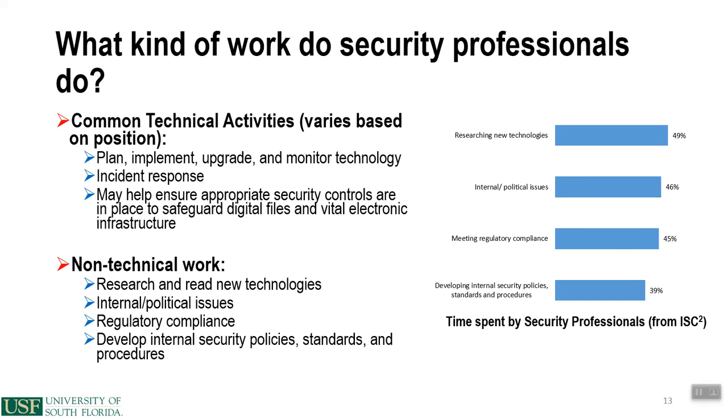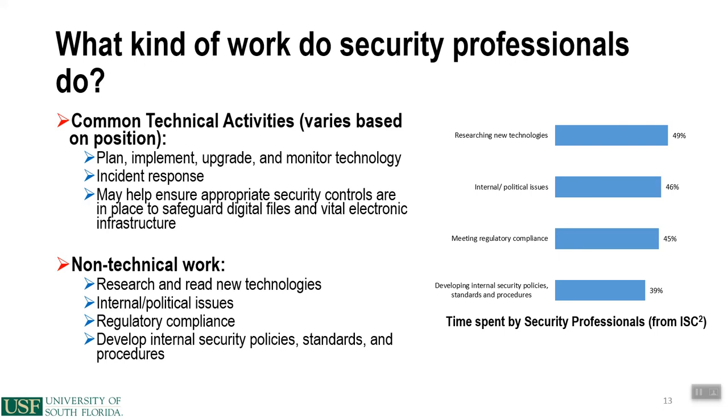Now, some of the common technical activities that security professionals do is they plan, implement, upgrade, and monitor technology. Now, even though they do a lot of this, what they spend the majority of their time doing is really researching new technologies. There's a lot of new technologies that are constantly emerging on a daily basis. And I can tell you just from my position as a cybersecurity professor, the majority of my time is spent trying to understand exactly what I'm looking at.